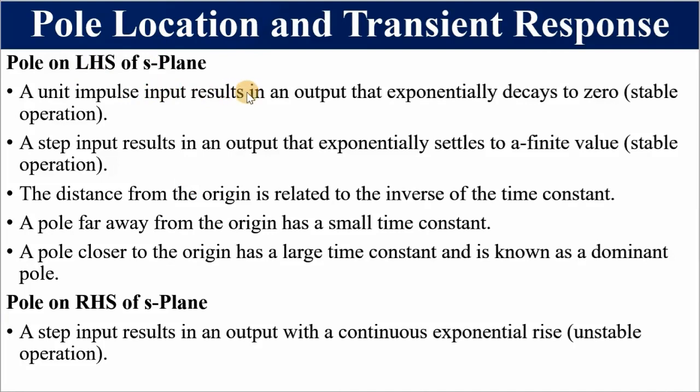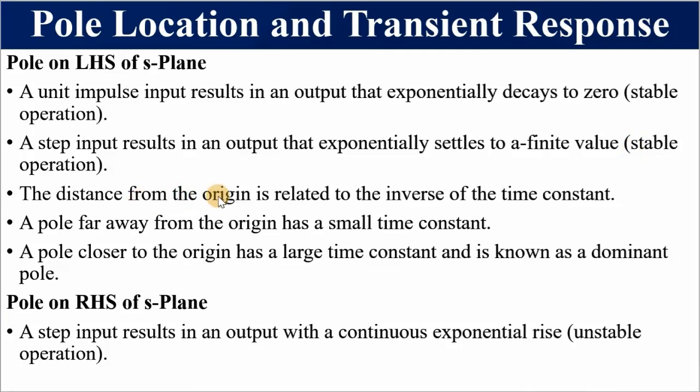We are saying a unit impulse input results in an output that exponentially decays to 0. What are we saying? When it exponentially decays to zero, it means that we now have achieved stable operation. A step input results in an output that exponentially settles to a finite value, and if that happens, we have reached stable operation.